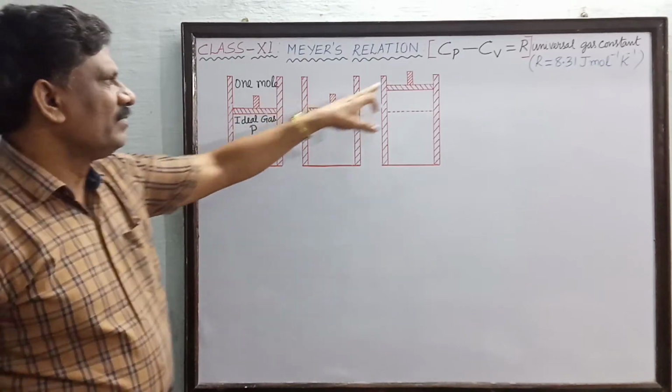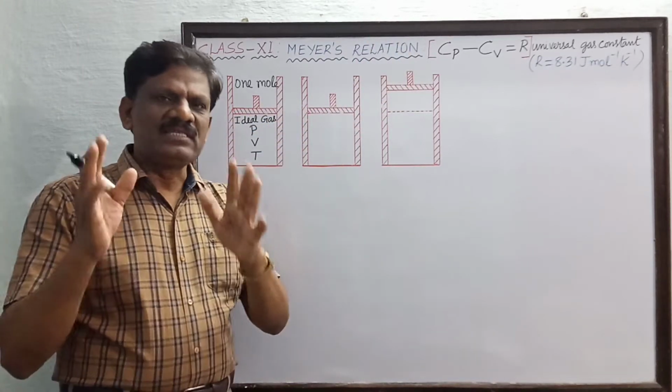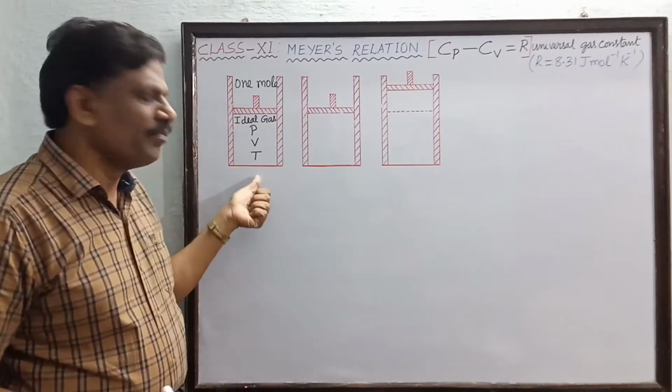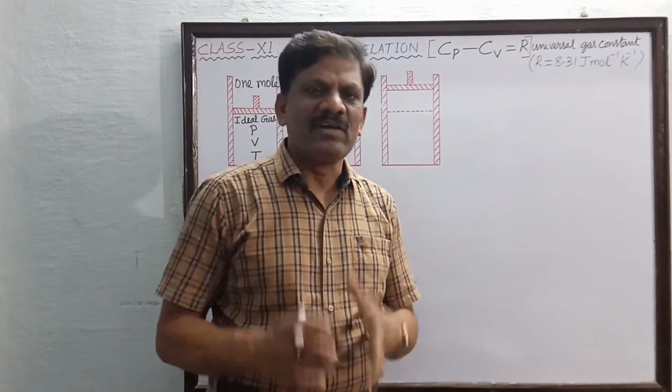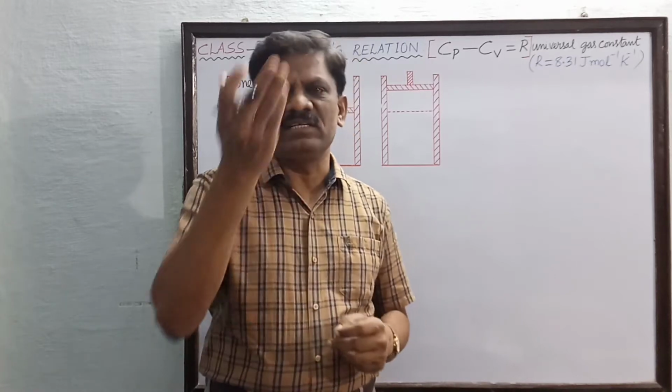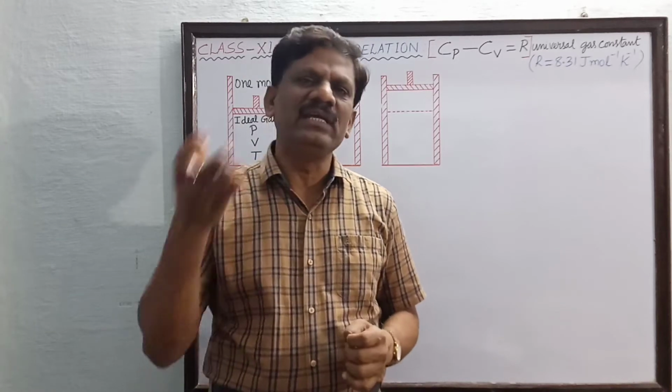It's also provided with the handle. So this type of cylinder is having a conducting base. So the base is purposely made conducting for a provision to the flow of heat from the surrounding into the system.